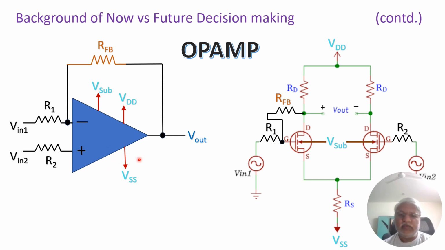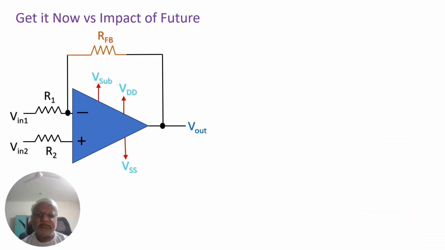Now we will go to the next part. Let us apply the same op-amp kind of principles to study the decisions we make in our day-to-day life.